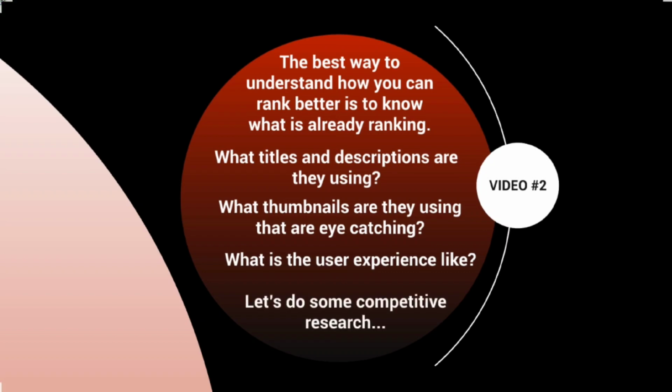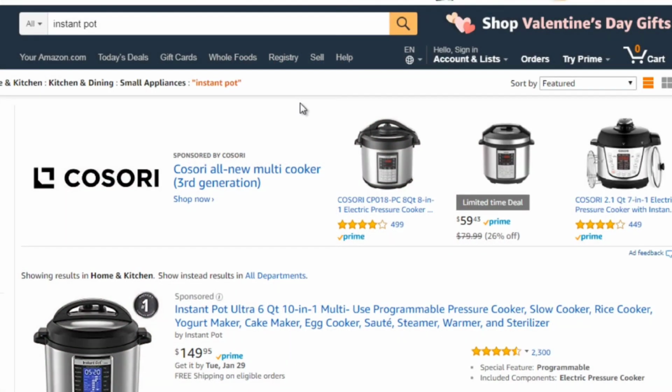So let's go ahead and do some competitive research. So for the sake of making sure that we find YouTube videos that actually relate to promoting a product, what I want to do now is just pick a product out of the blue and take a look at YouTube.